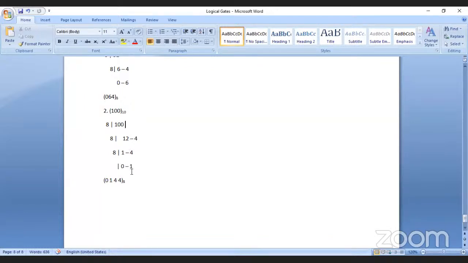Once my process is completed, I have to take all the remainders from bottom to up. So these are the predefined steps. We have to take only 8. We cannot take another number. If I take another number, how can I compare? There should be some predefined steps required, right?